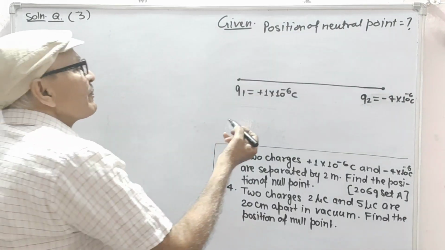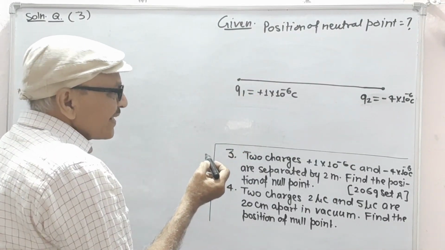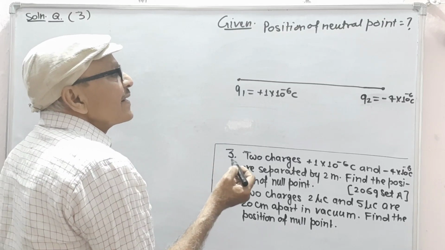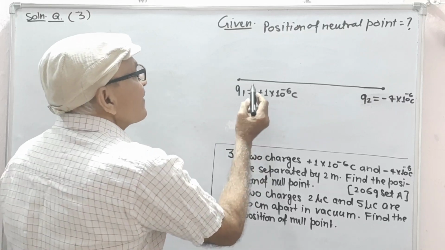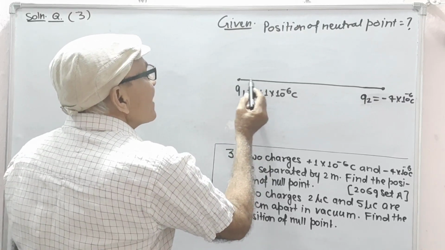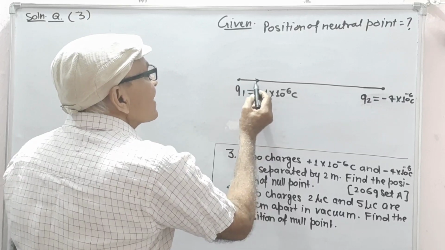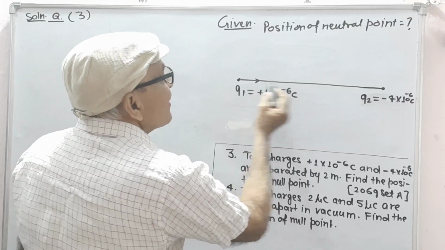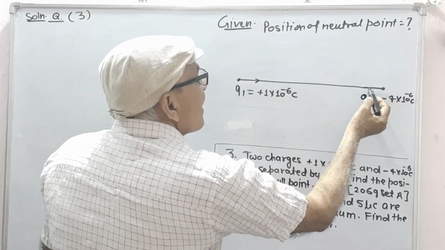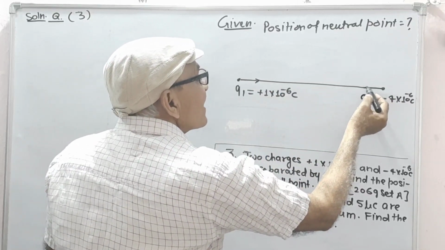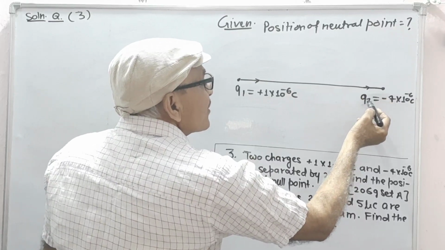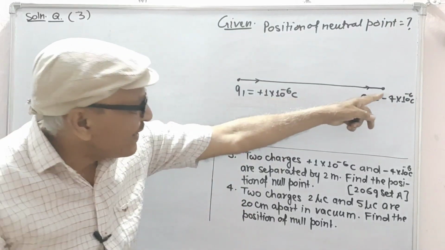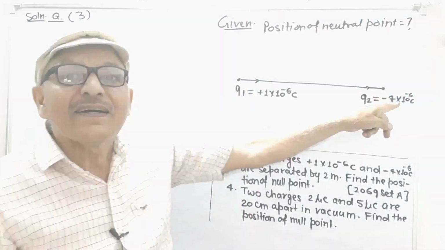As we know, electric lines of force are directed outwards from a positive charge and are directed inwards to a negative charge. Therefore, if we take the direction of electric field due to positive charge q1, it will be towards this side, and also the direction of electric field due to q2 will be inward, that is the same side. Therefore, on this side we cannot get a neutral point.